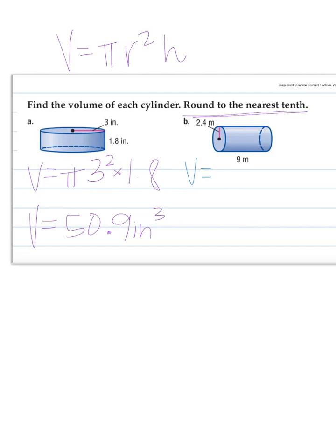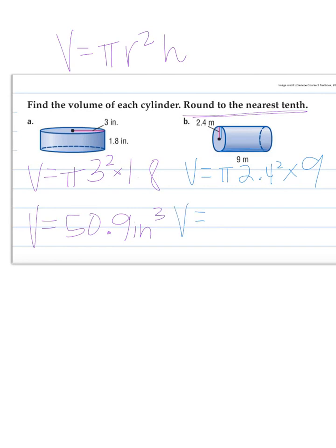Next one. Radius, okay, halfway across the circle. 2.4 squared times the height. How far away are the two circles? Which is 9. 2.4 squared means 2.4 times 2.4 times pi, which we're going to use 3.14, times 9.